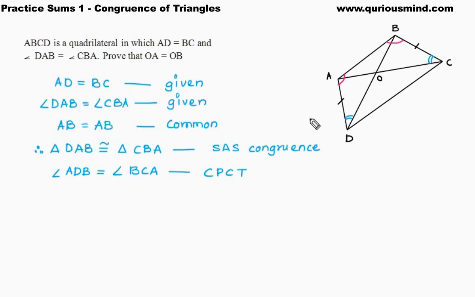Now let's focus our attention to triangles OAD and OBC. These two triangles. And in these two triangles, we know angle ADB is equal to angle BCA. That is CPCT, we have proved. Angle AOD is equal to angle BOC. The reason? Vertically opposite angles.